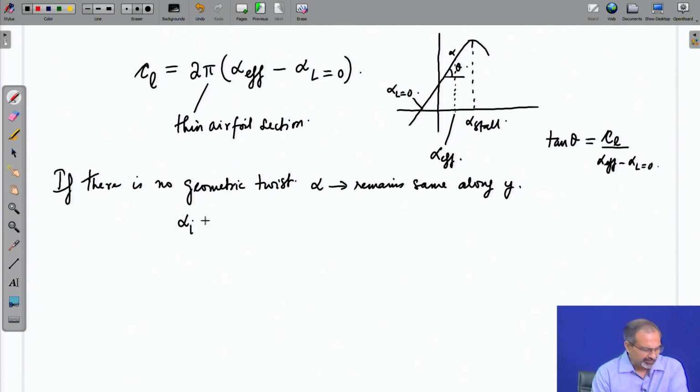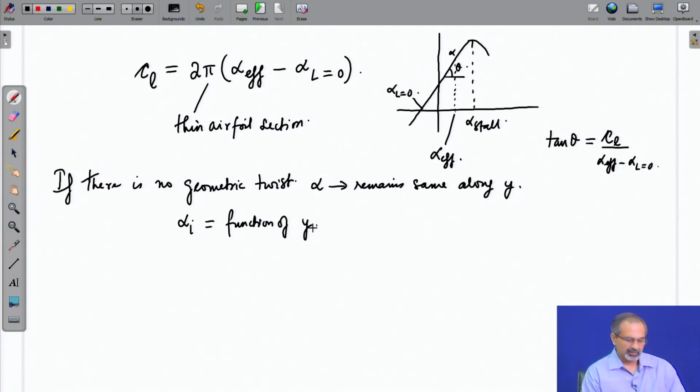Now, alpha i is a function of y, because as you may recall, alpha i comes up as an integral, and that integral value will change along y. So, alpha i in general is a function of y, thereby alpha effective will also become a function of y. They would be different functions, but they are nevertheless functions of y, and thereby CL will also ultimately become a function of y.